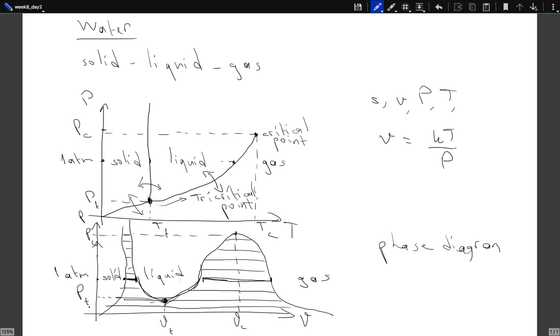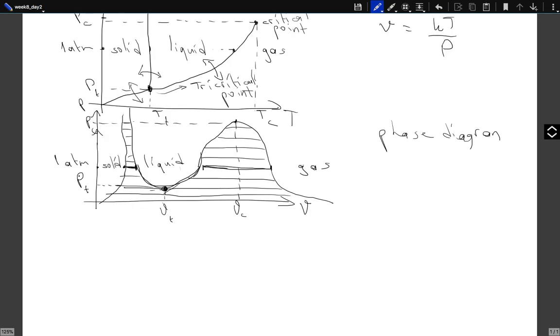If I'm not wrong, for water, the tricritical temperature is 0.01 Celsius. So if you want to calibrate your equipment, well, you can either go to a calibration institute where they have all this equipment for calibration, or you can create the tricritical point.